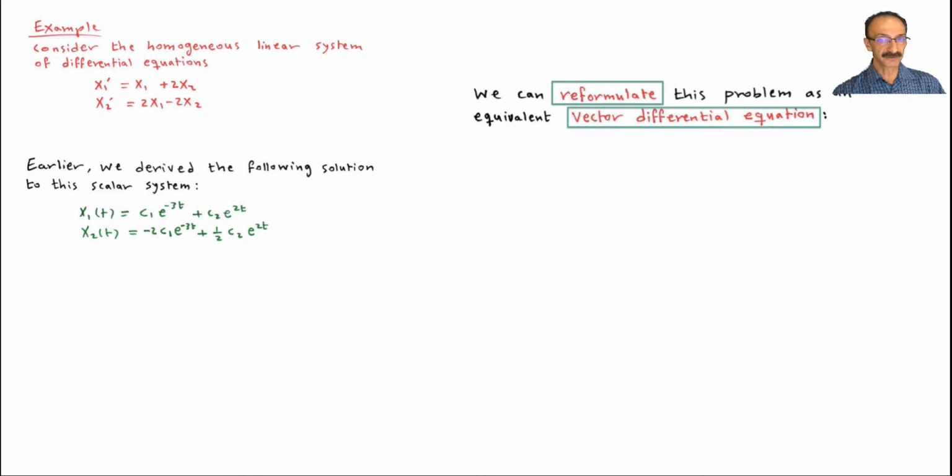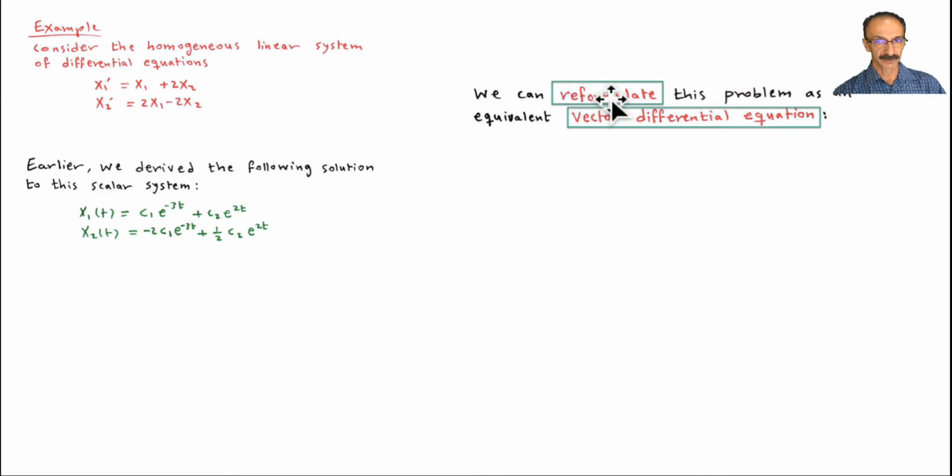We can reformulate this problem as an equivalent vector differential equation. Notice now that I'm slowing down, because this is exactly the main part of this section. We know how to do this, but this section takes it further.